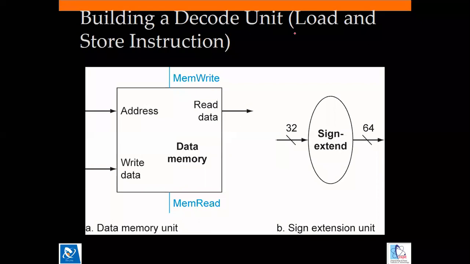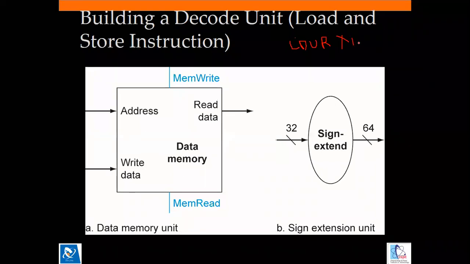In the load instruction, we know that there is an immediate value that we provide in the form of an offset. We have a format like LDUR, with the destination register, let's say X1.